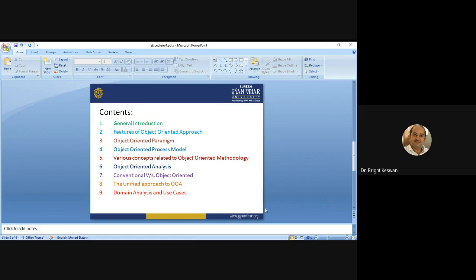Thirdly and lastly, it provides concrete ways to present an understanding of the requirements, because when you are making classes using the object oriented process model, the first step is to understand the problem properly. So object oriented analysis provides a concrete way to represent the understanding of the requirements.